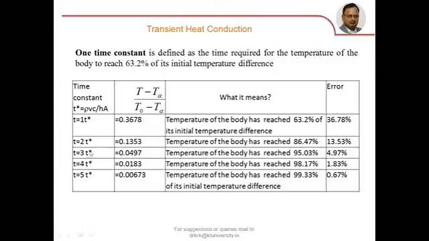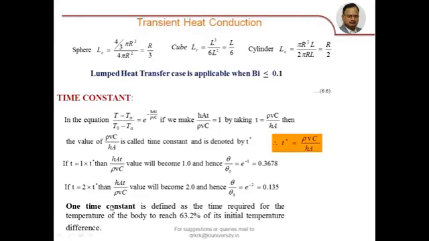Similarly, if you put T equal to 3 T star, what is T star? Rho VC by HA. T minus T alpha by T naught minus T alpha equal to e power minus HA by rho VC into 3 T star. HA by rho VC by HA cancels. You will get e power minus 3.